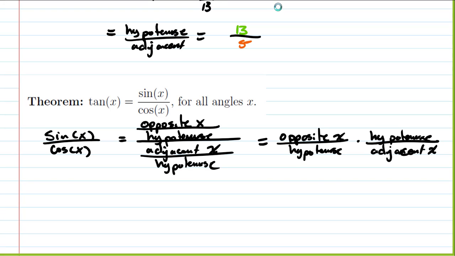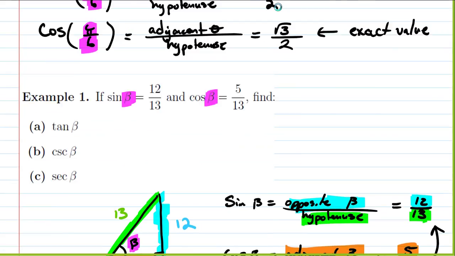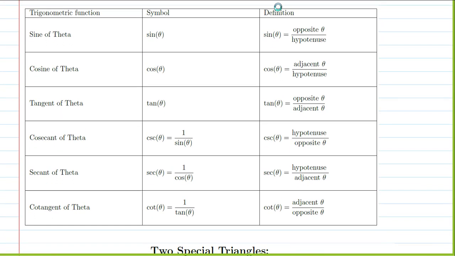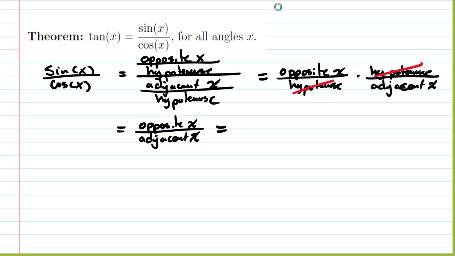And the hypotenuse and hypotenuse reduce out, which then gives us the opposite of x divided by the adjacent of x. But that, if we go back to our chart, is exactly the definition of our tangent function. Tangent is defined to be opposite over adjacent. So this is the tangent of x by definition.